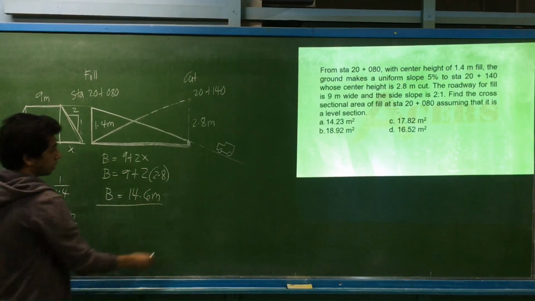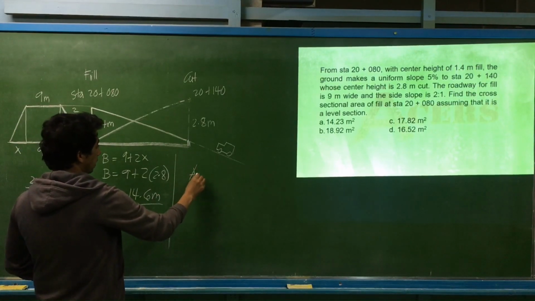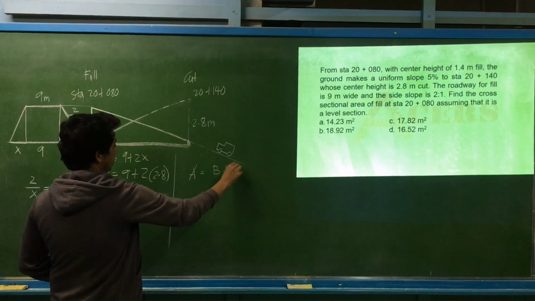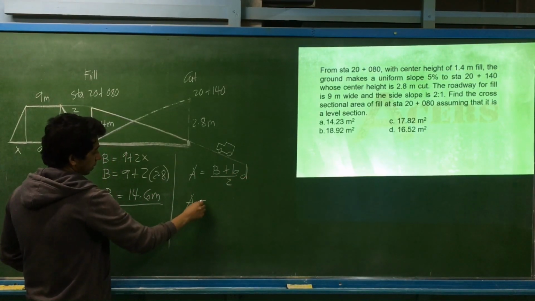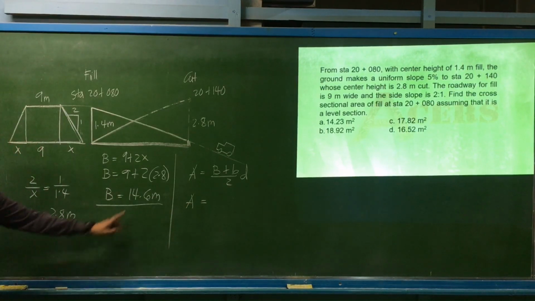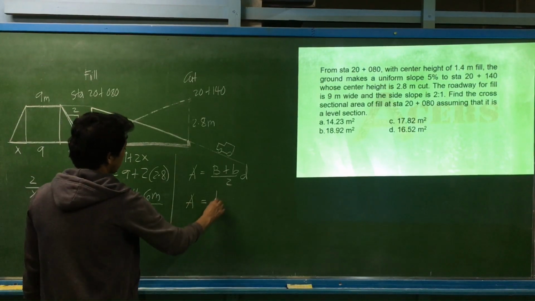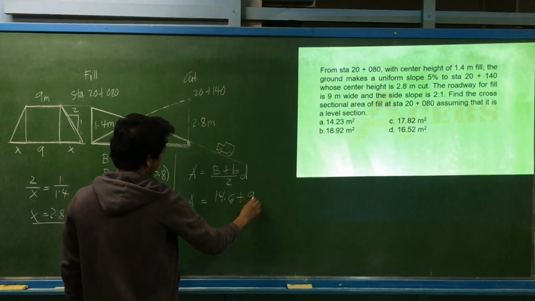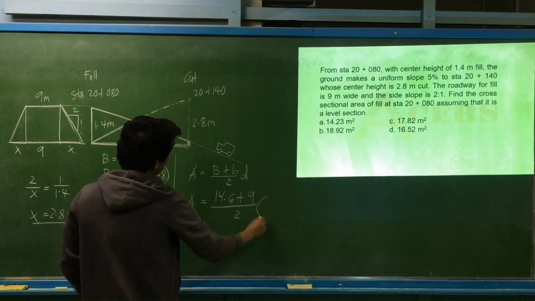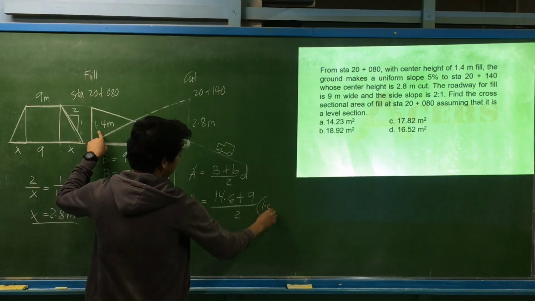meters. Okay? Then, area pa trapezoid lang to. Area is equal to the larger base plus the smaller base over 2 times the depth. We have the area. Ano ba yung ating larger base? We have 14.6 plus smaller base natin is 9 meters divided by 2 times yung depth is 1.4.